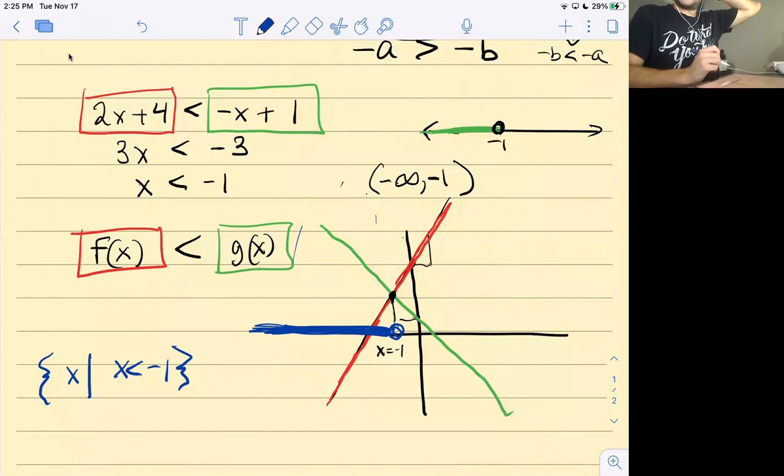We will do some problems with shading, but that's when we say that the y value has to be greater than some f of x or something. So I shouldn't shade for this problem. The answer here is just a one-dimensional part on the x-axis, just some answer about the number line. Later we'll do something a little bit more complicated.